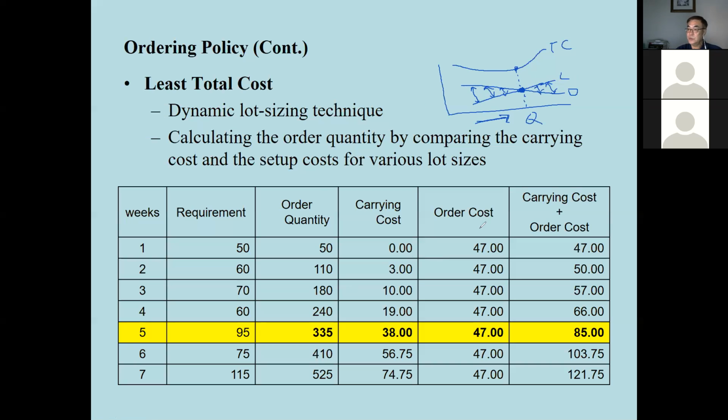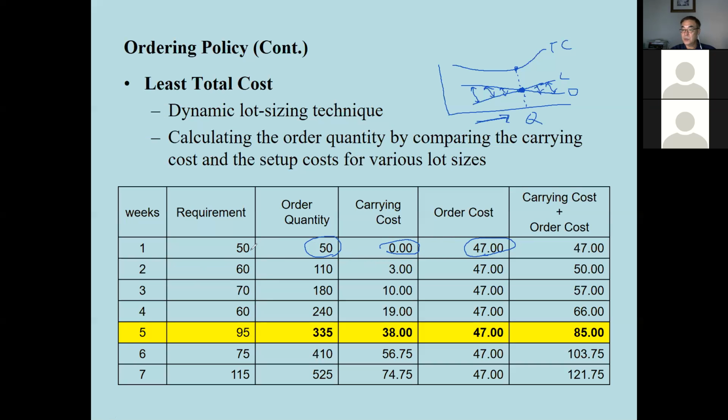So using this idea, if the first week requires 50, the second week 60, 70, and so on. Order only one week's amount, 50. Then use that many. Then there will be no inventory carryover, so no carrying cost. But we place an order one time, so there is some order cost.